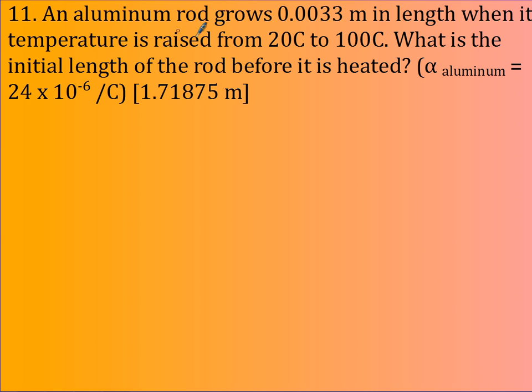An aluminum rod grows 0.0033 meters in length when its temperature is raised from 20 to 100. What's the initial length of the rod before it's heated? All right, let's start backwards. Alpha is 24 times 10 to the negative 6 per Celsius. And I know it grows 0.0033 meters.